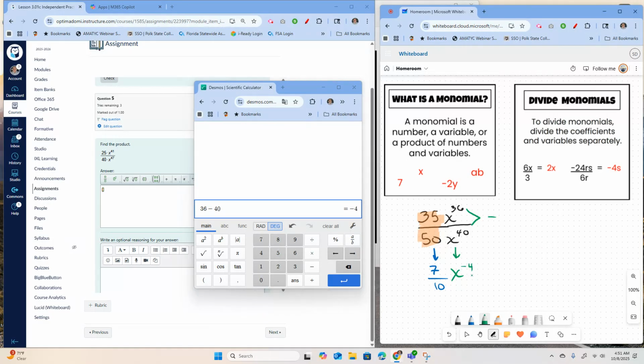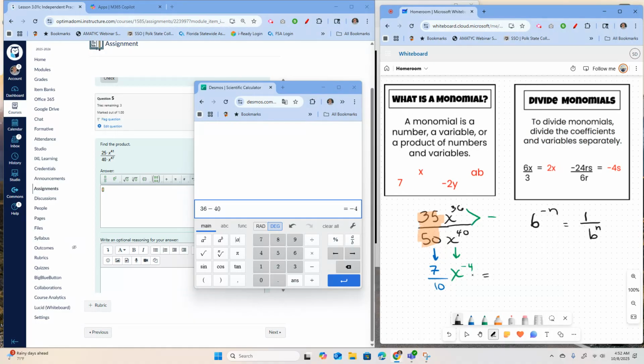Now usually in this assignment, this will be the final answer. However, in algebra, we prefer not leaving answers with negative exponents. So I'm going to rewrite it. How do I simplify? I'm going to apply the negative exponent rule that basically says every time you have a negative exponent, you flip the base and the exponent turns positive.